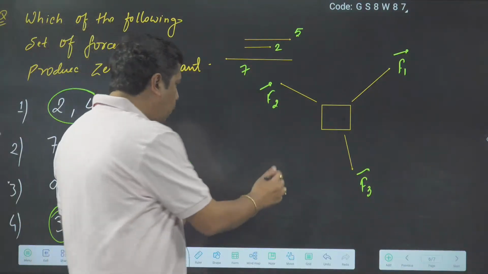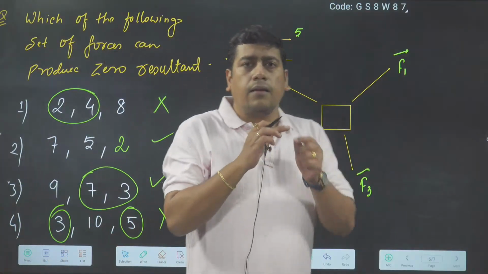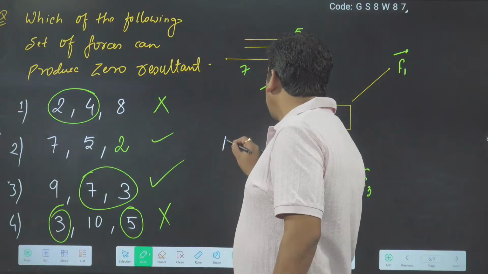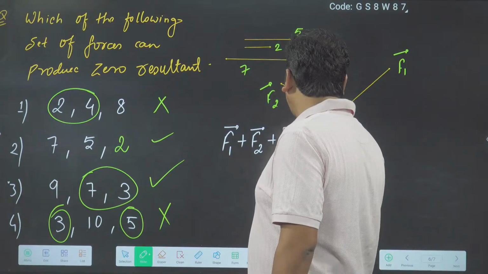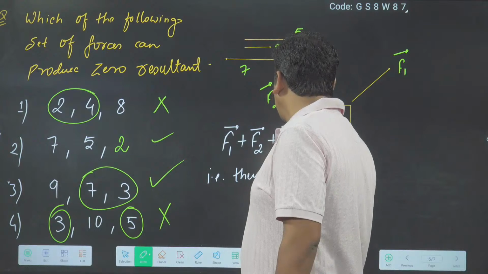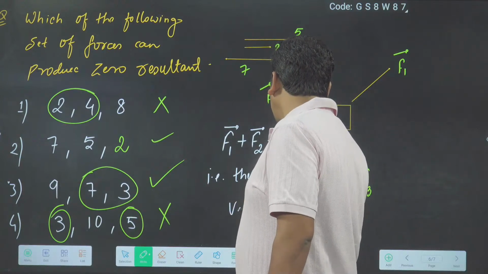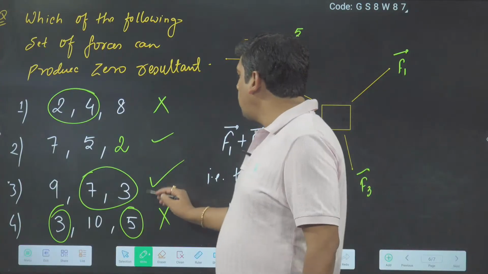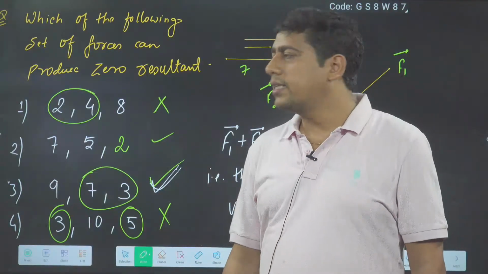So that means if you draw a vector triangle, it should form a complete triangle, because if you are claiming f1 vector plus f2 vector plus f3 vector is 0, they form a vector triangle. And a vector triangle will be formed only when this criteria is met.